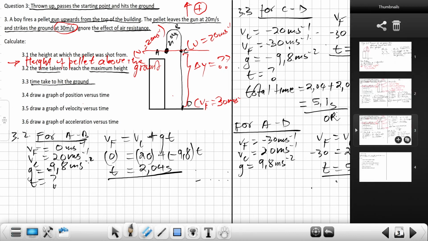So I'm going to copy this such that we can be able to answer 3.4 as well as 3.5. So let me quickly copy, and then we will be able to continue with 3.4, 3.5, and eventually 3.6.